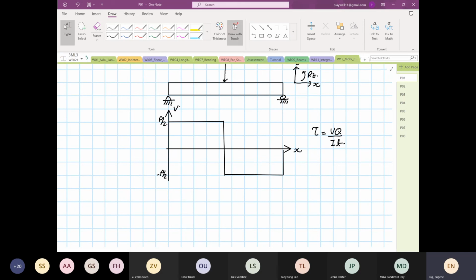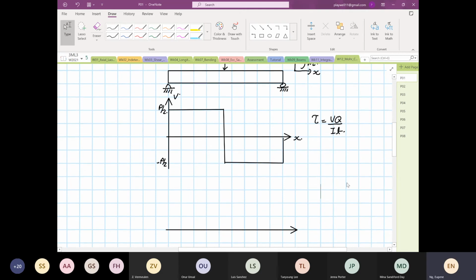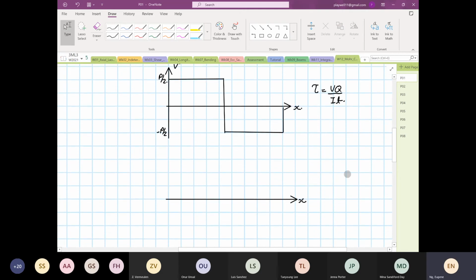And then we have normal stress, right? The normal stress will be contributed by the bending moment. Okay, so we have our bending moment. Right, so this is M. Over here, it will reach its max and then come down.